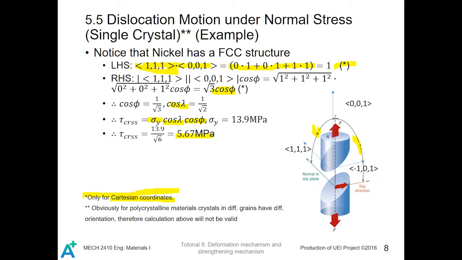And again, I need to re-emphasize it is for single crystals only. For polycrystalline materials, different grains within the solid have different orientations, therefore the correlation above will not be valid.